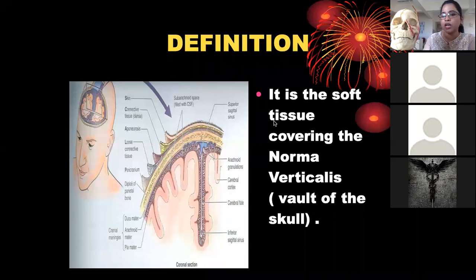So what is scalp? Scalp is a soft tissue which covers the norma verticalis, or the vault of the skull.